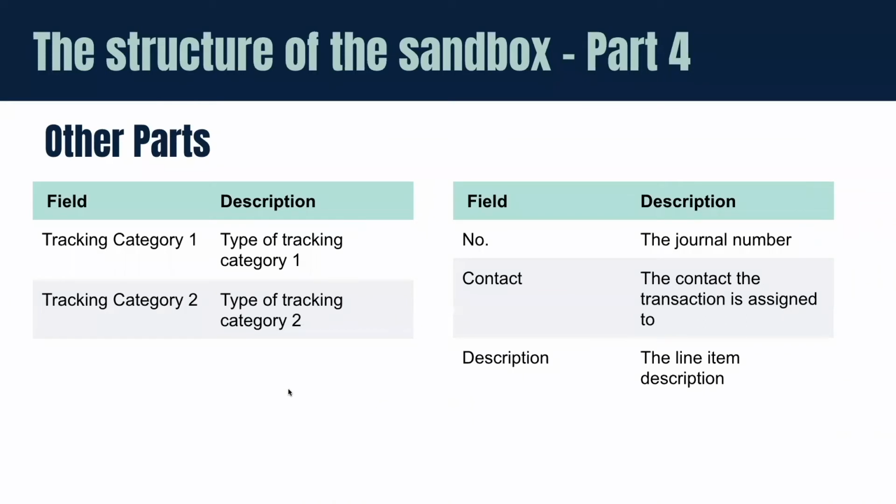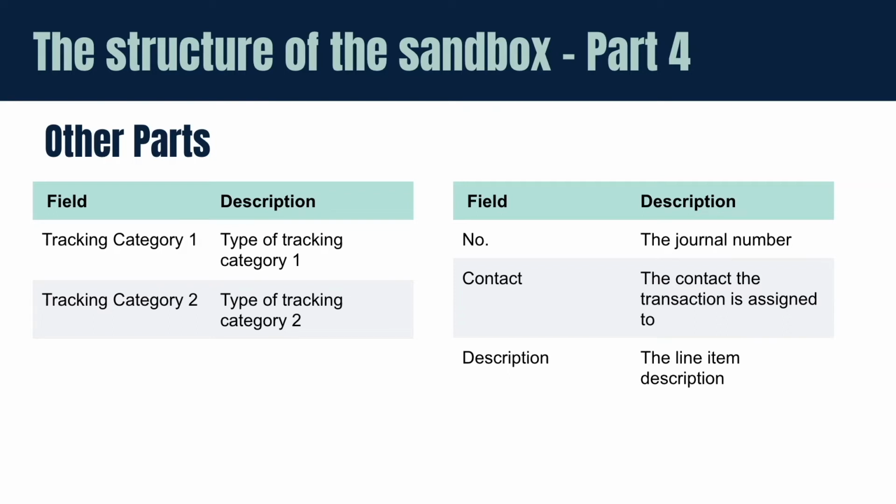And part 4 are other parts such as tracking categories, which means the type of tracking category to the first one, and then tracking category number 2 as well. We also have contact, which is the name of a supplier or customer of a transaction.